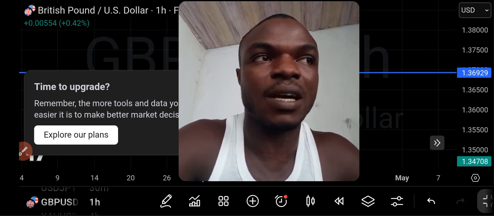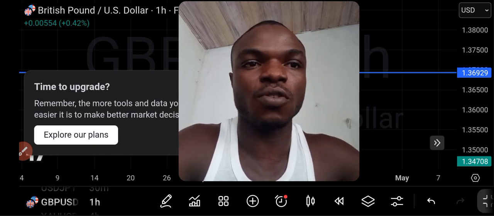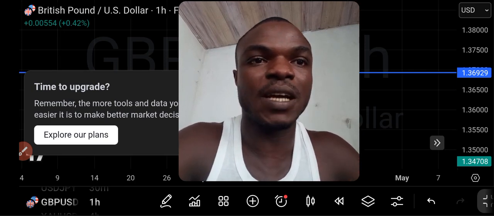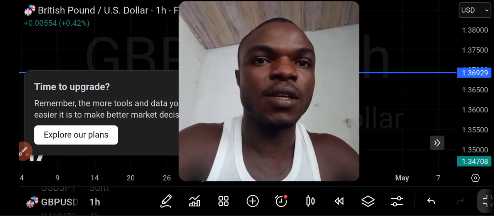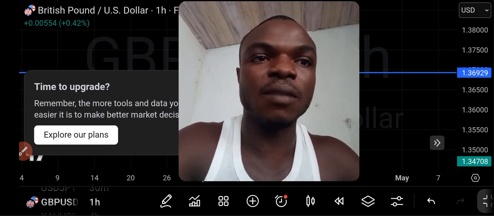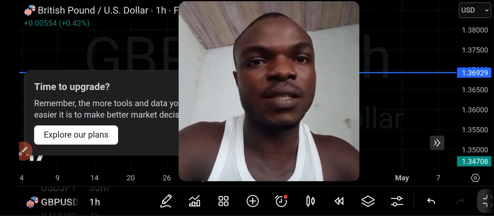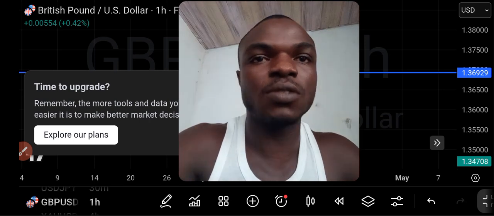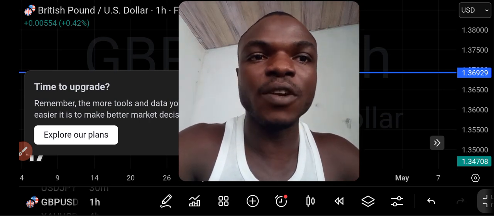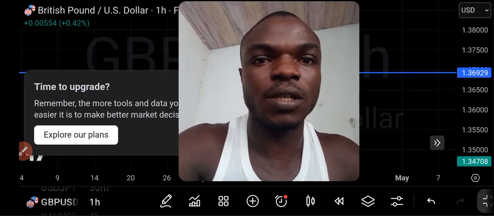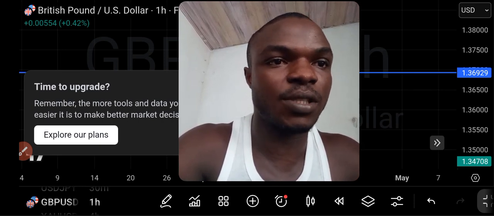You can write them down, or just have a way of documenting those things, right? These are the things you will be observing going forward. If they keep on failing over and over again, then you know that it's time for you to change it. So you need to have this journal. Then every week or every day, you need to go through your trades, cross-check your trades and your journal, and see how they are doing.